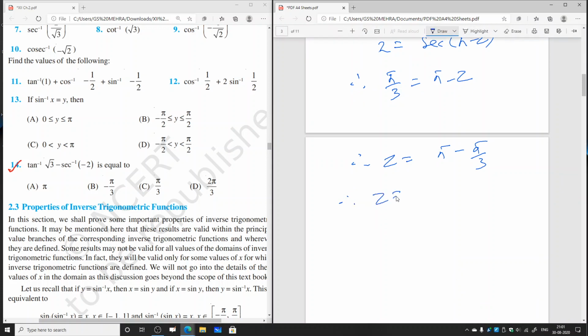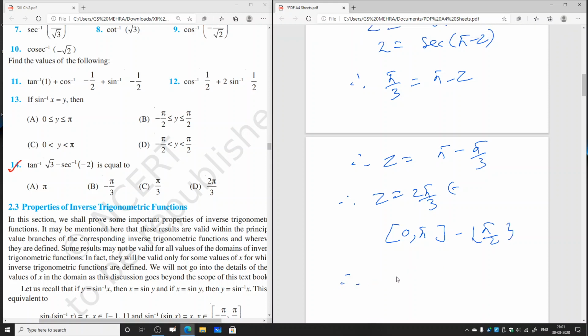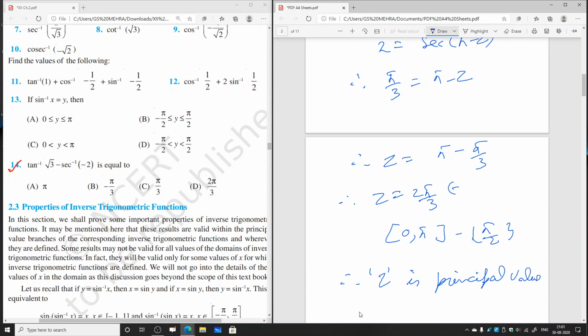It belongs to the closed interval 0 to pi minus pi by 2, so z is the principal value. Therefore sec inverse minus 2 will be equal to 2 pi by 3.